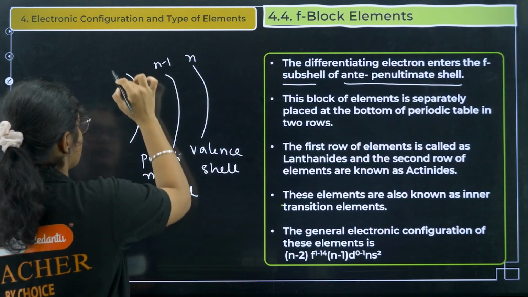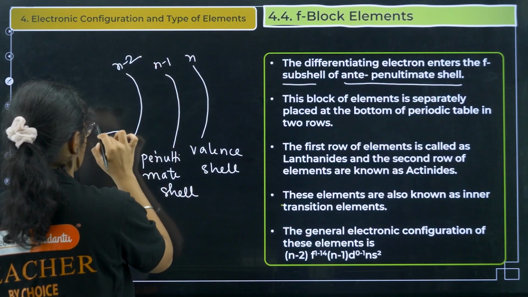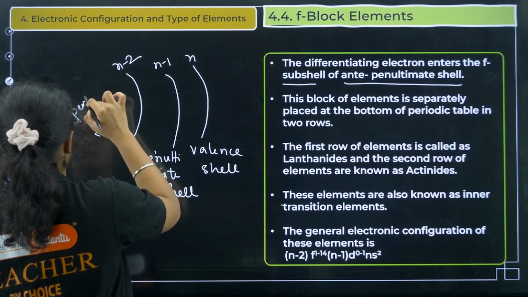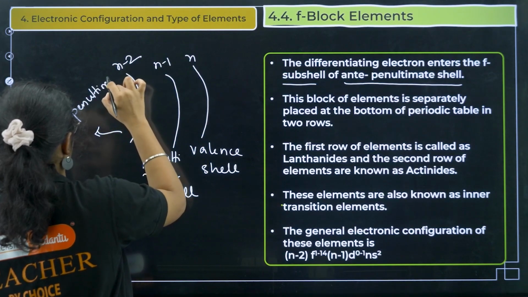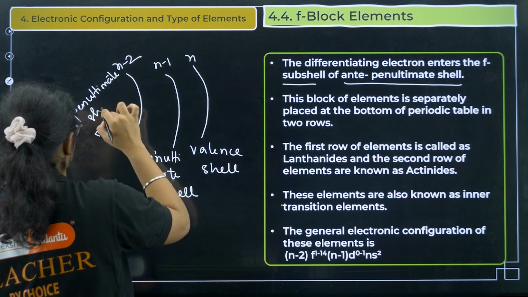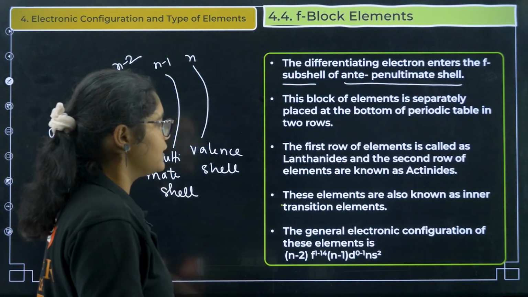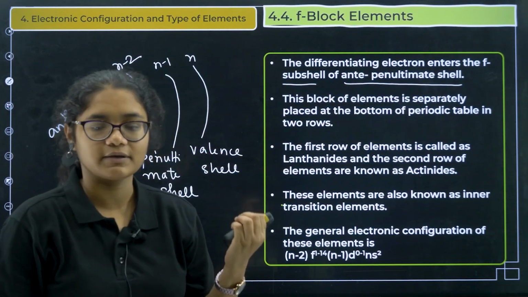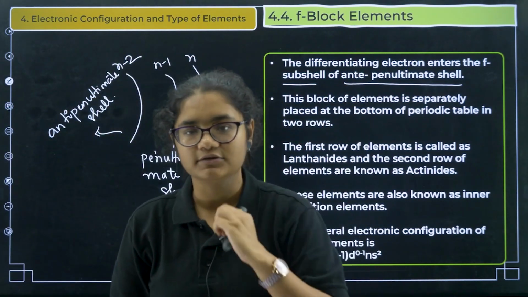The next one, the n-2 shell, is called the anti-penultimate shell. So the last electron enters this n-2 orbital. That is why we call it anti-penultimate shell.